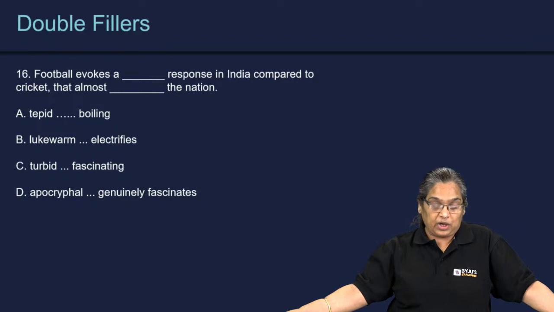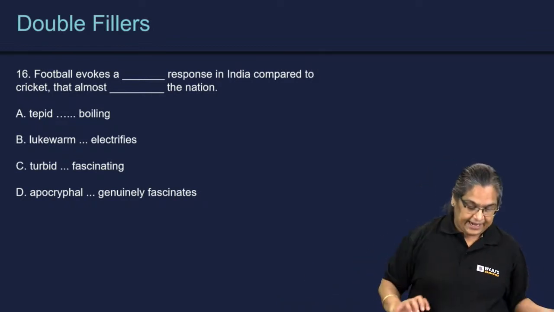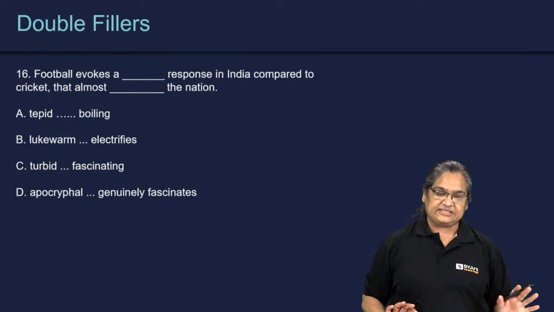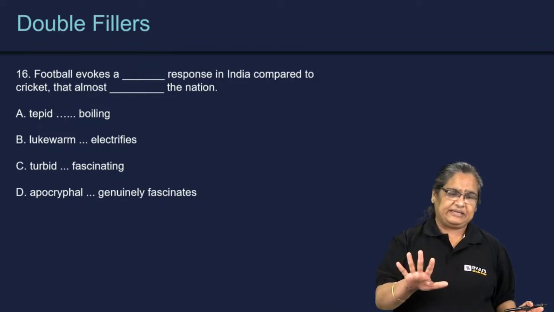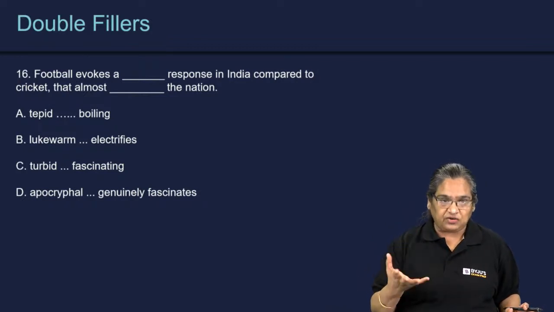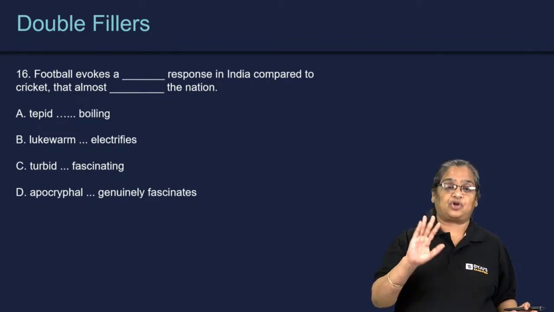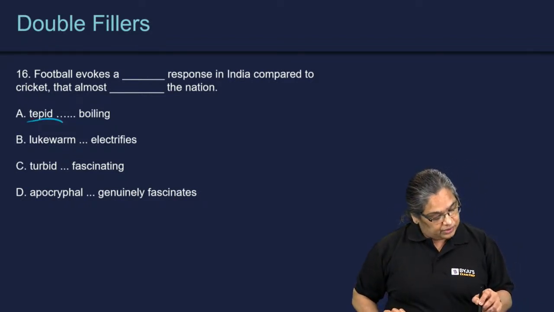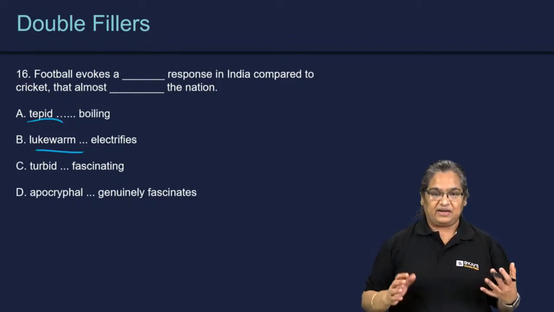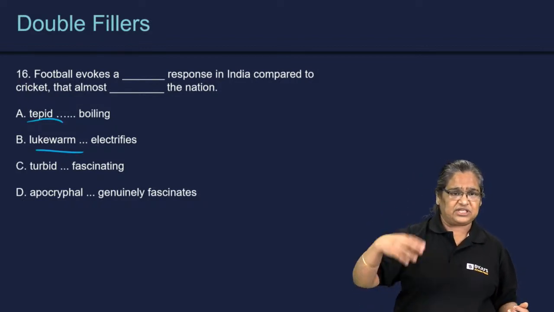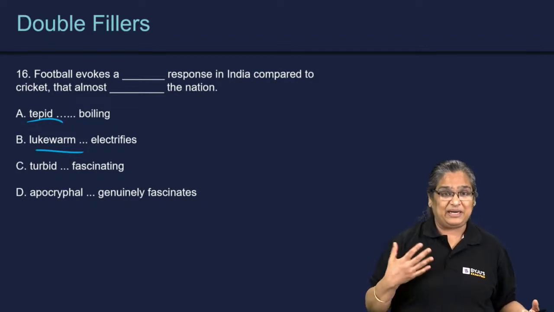Football evokes. What kind of response does football get compared to cricket? All right. So when you look at the options, tepid and lukewarm mean the same thing. You don't want to have tepid tea. Tea has to be hot when you drink it. Tepid is lukewarm, almost gone cold. So for a response, if you don't give me enough likes, I will say your response to my class has been tepid.